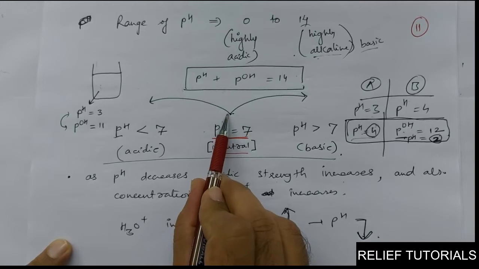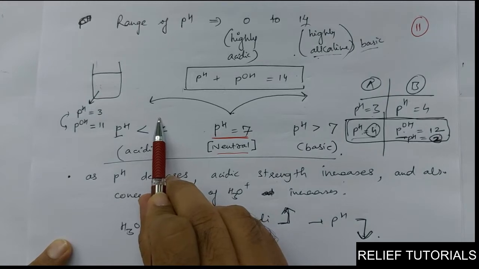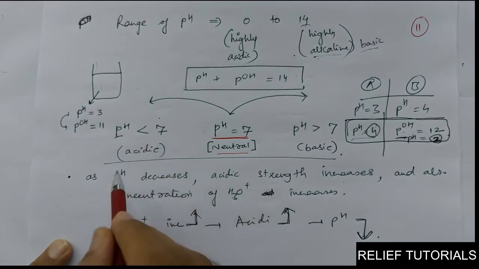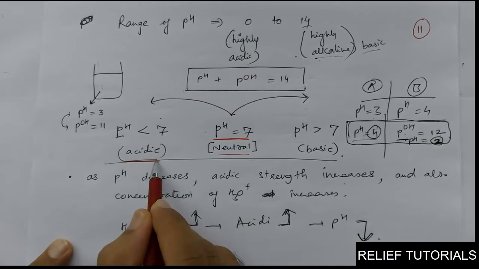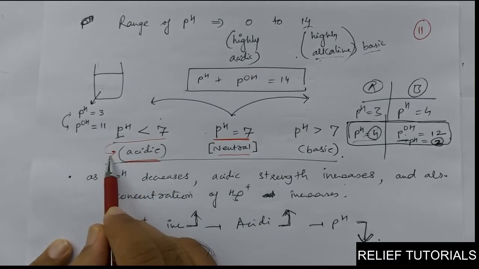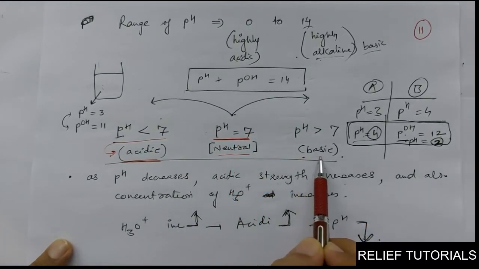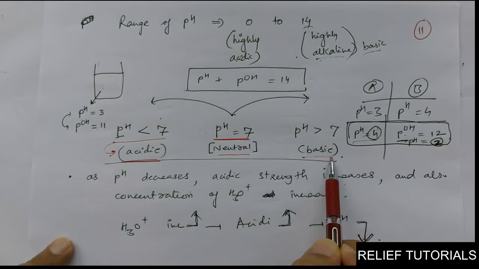As the pH value decreases, meaning as the concentration of H3O+ ions increases, acidity increases. So a pH value less than 7 means the solution is acidic, and a pH value more than 7 means the solution has an alkaline or basic nature.